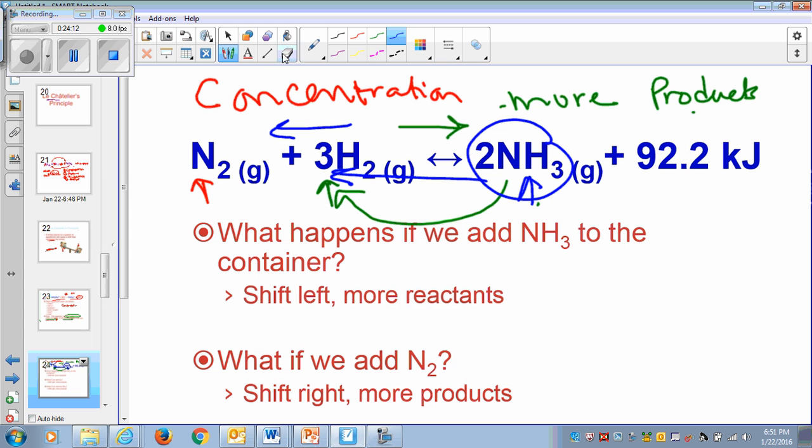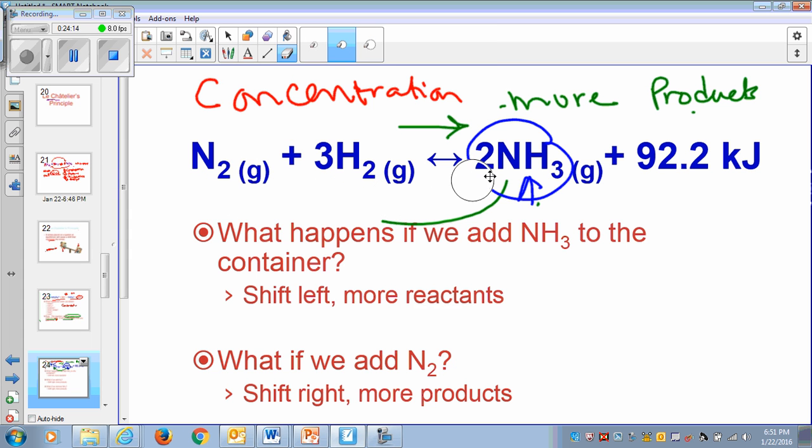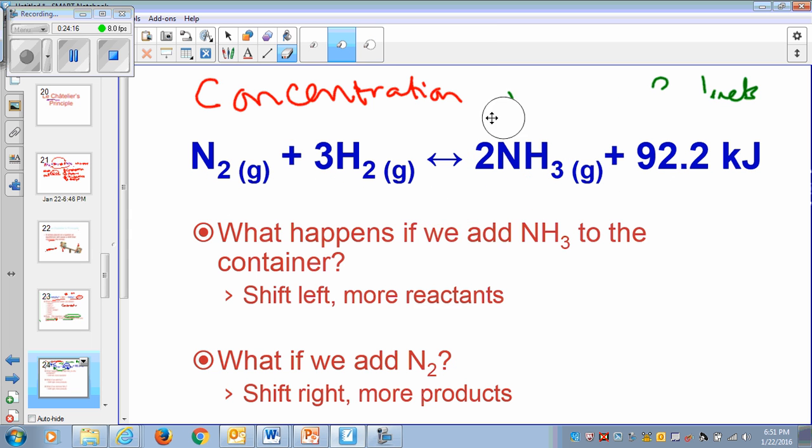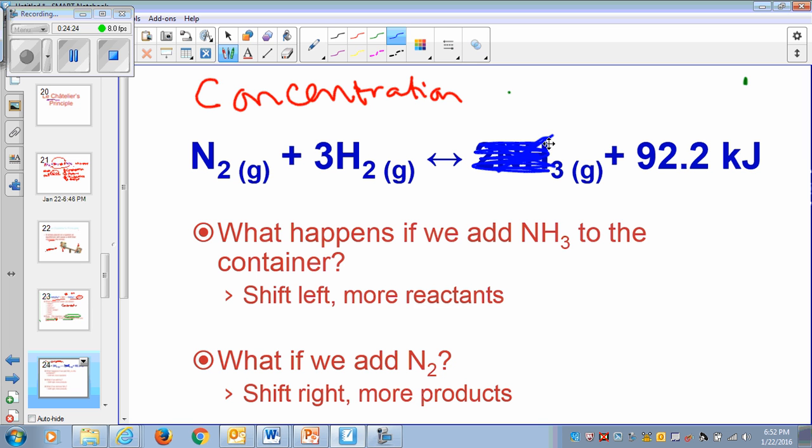What if instead of adding, okay, I want to take away something? Okay, so if I want to take away the ammonia, like there is no more ammonia, so the reaction is going this way, and as soon as ammonia is produced, I take it out. So there is no ammonia to go back to the reactants. So the reaction will only shift towards this side.